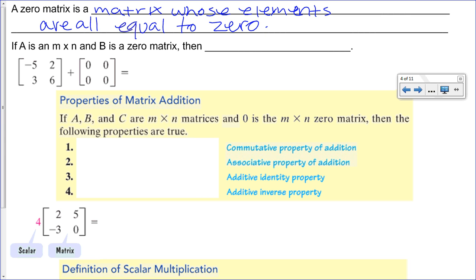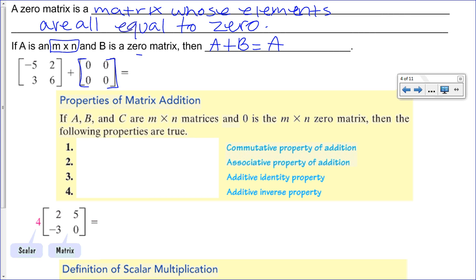So what we could say here, and we have the example here. This is the zero matrix. Every entry inside is equal to 0. And so if A is an n by n matrix, and B is a zero matrix, then A plus B is equal to A.